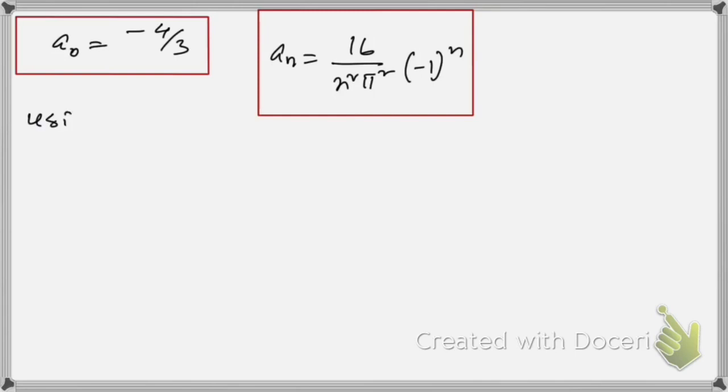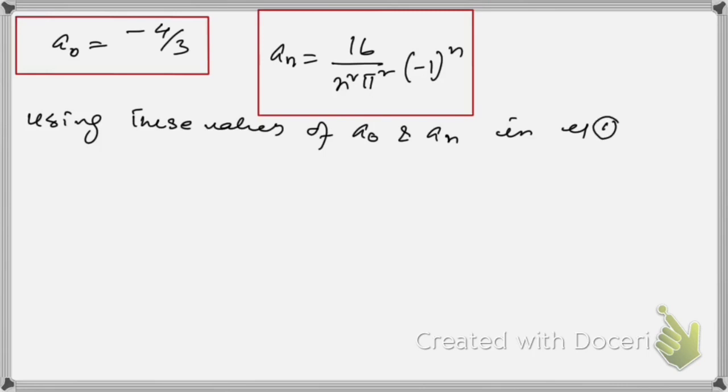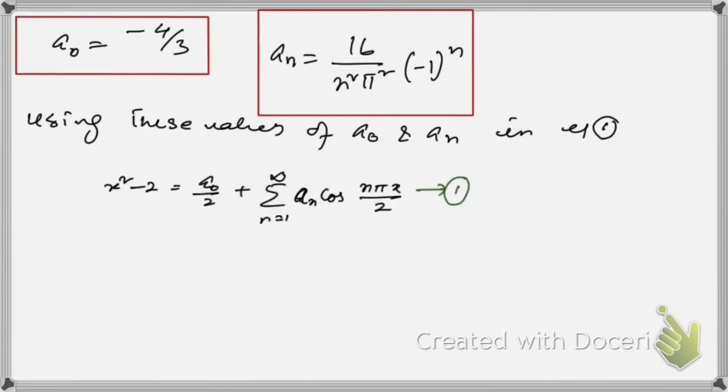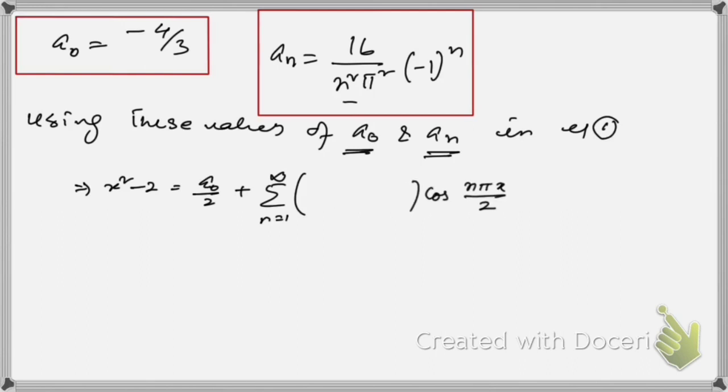So using these values of a naught and an in equation number 1, what was equation number 1? This is equation number 1. Here we're going to use this value of an and a naught. So let's put the value of an. So we have got an equal to this.